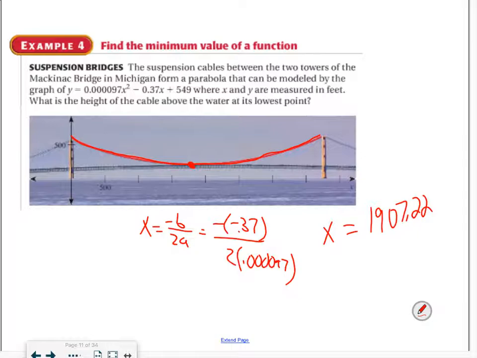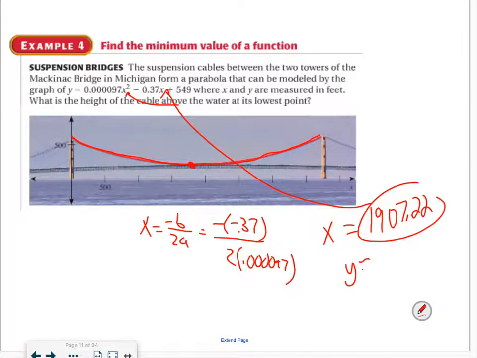So then to find the y value, which is the minimum, the y value of the vertex, I'm just going to plug that in place of both x's. So 0.000097 times 1907.22, the quantity squared, minus 0.37 times 1907.22 plus 549.